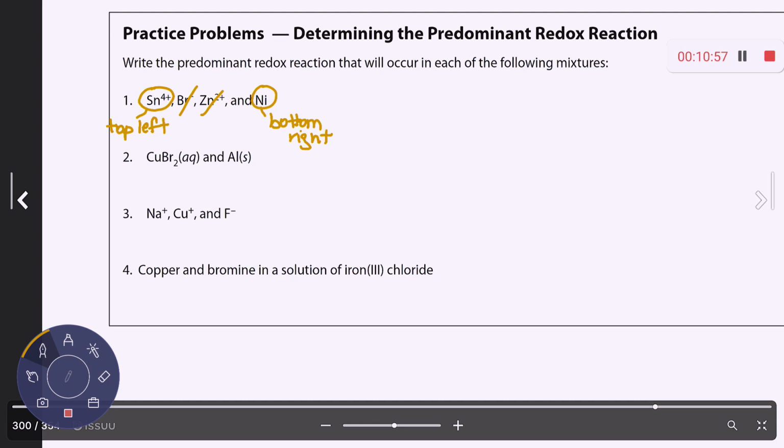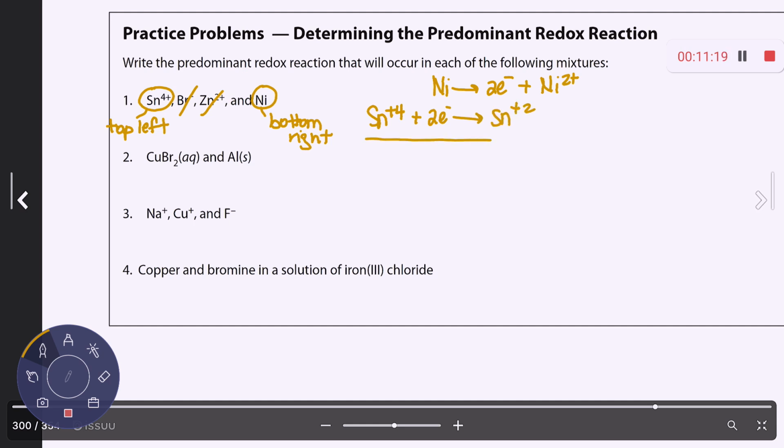Okay. So since nickel will give electrons, because it's on the bottom right, you want to reverse that half reaction. So it's going to be nickel metal going to 2 electrons and then the nickel 2 ion. And then you're going to leave the Sn plus 4 half reaction as it is.